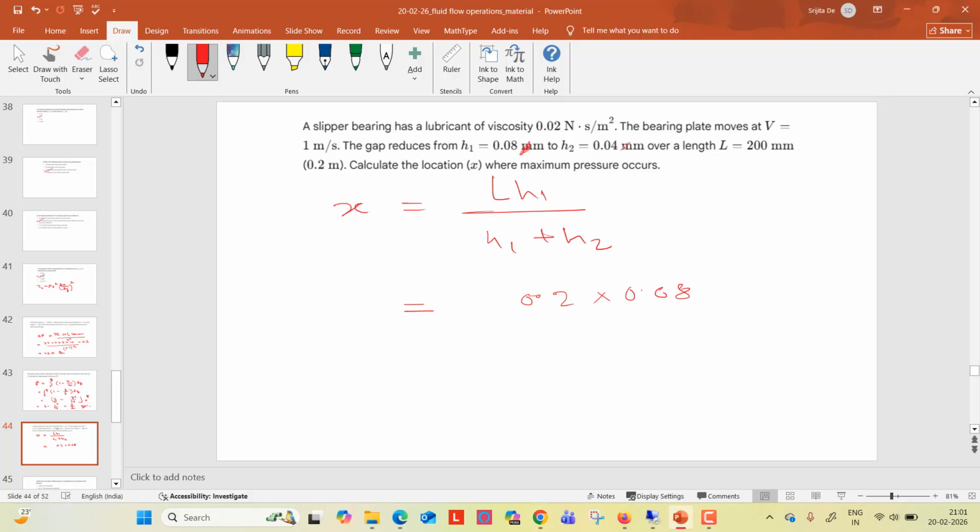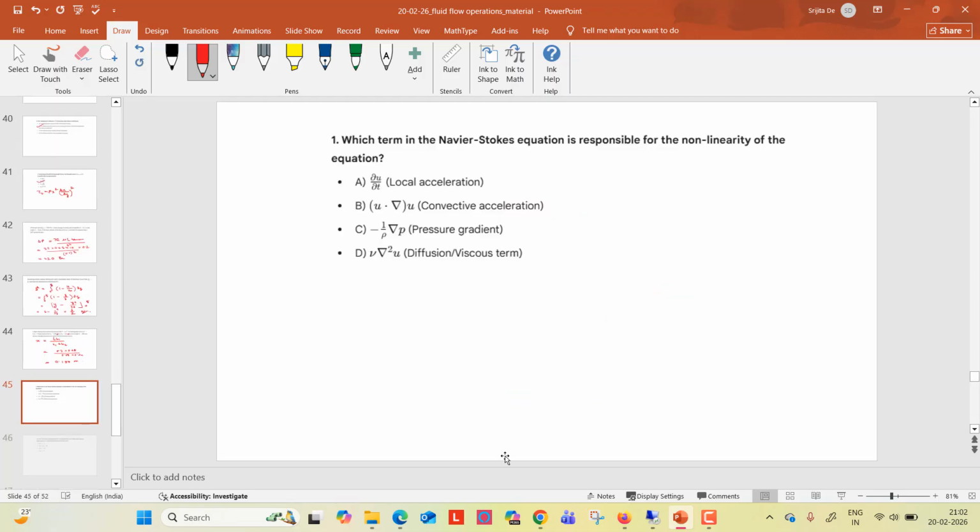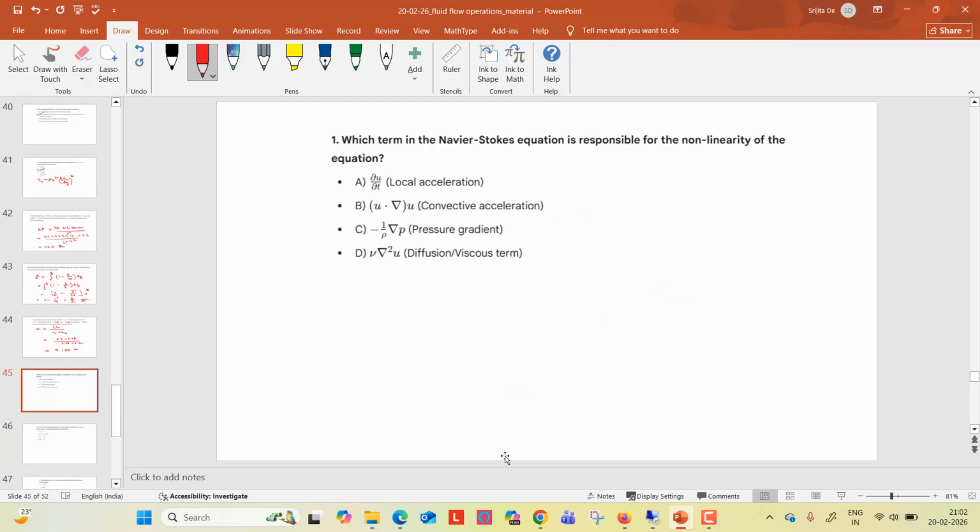Divided by 0.08 plus 0.04 equals 0.133 meter. Okay.